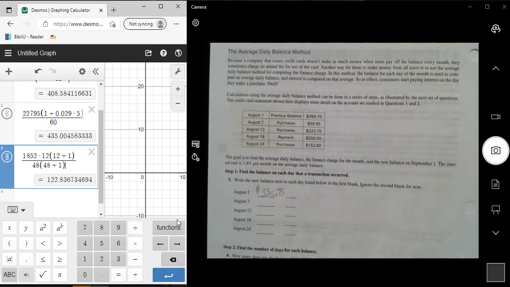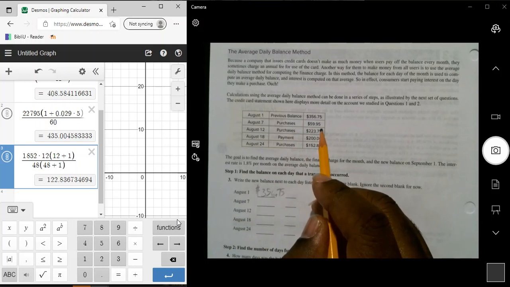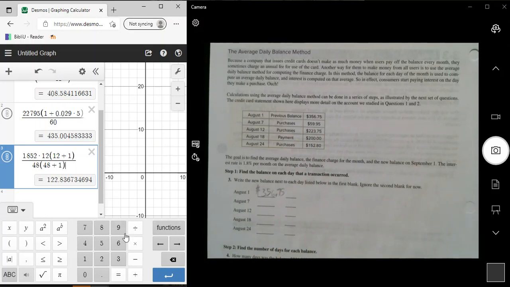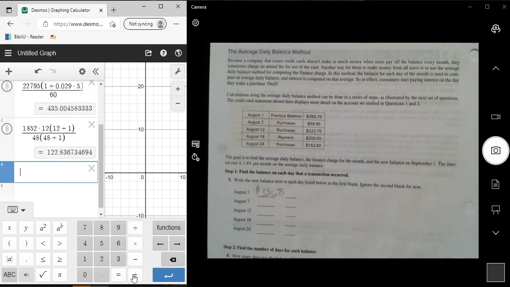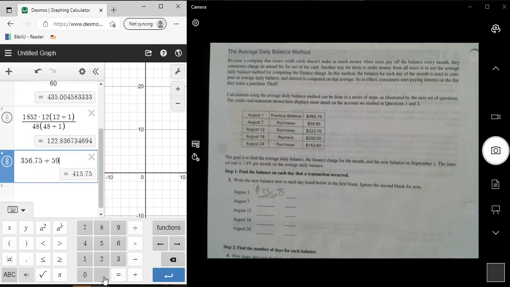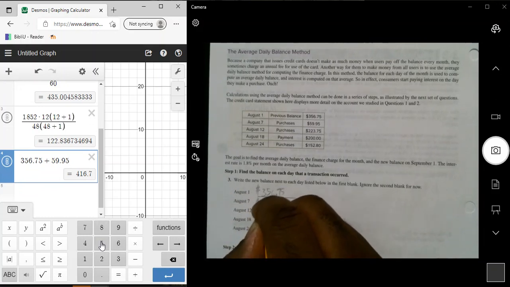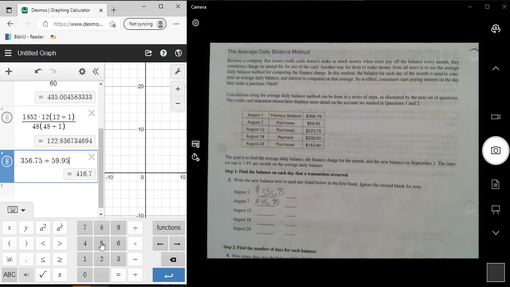Now, we're told here on August 7th, there was a purchase made of $59.95. So we have to add that value here. So I just typed it here. It'd be $356.75 plus the $59.95. So that would give us $416.70. Now, August 12th, another purchase was made of $223.75.